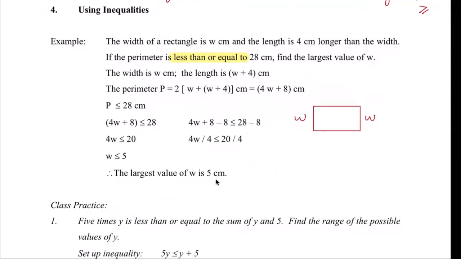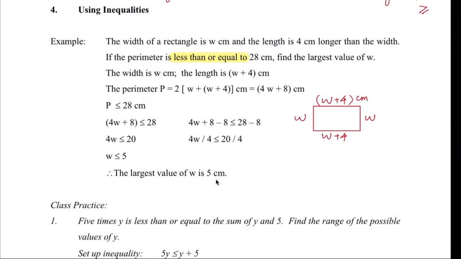So the length, the unit is centimeters. Now we know that the perimeter of the rectangle is less than or equal to 28 centimeters.